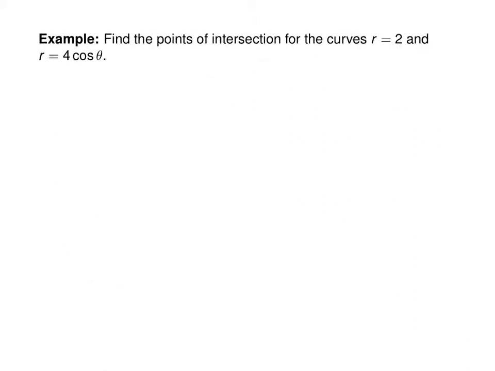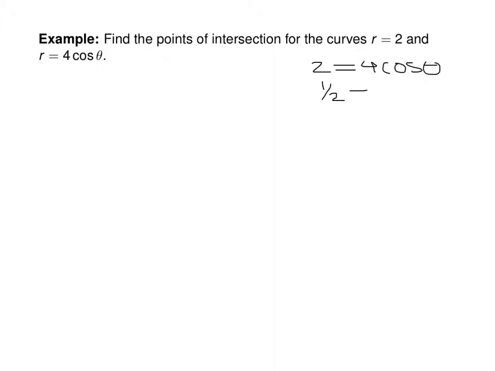Find the points of intersection for the curves r equals 2 and r equals 4 cosine of theta. So you can set the curves equal to one another, but it is possible to miss points that way. So let's first do the solving, then we'll graph them to verify that we actually caught all the points. So 2 equals 4 cosine of theta.